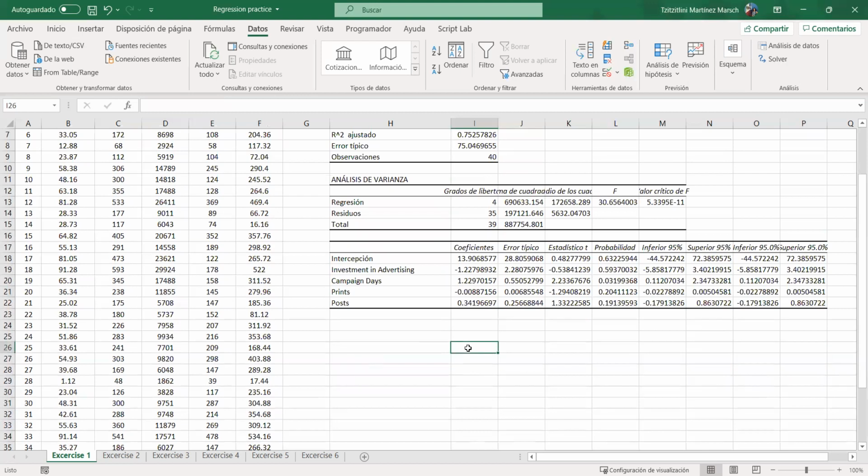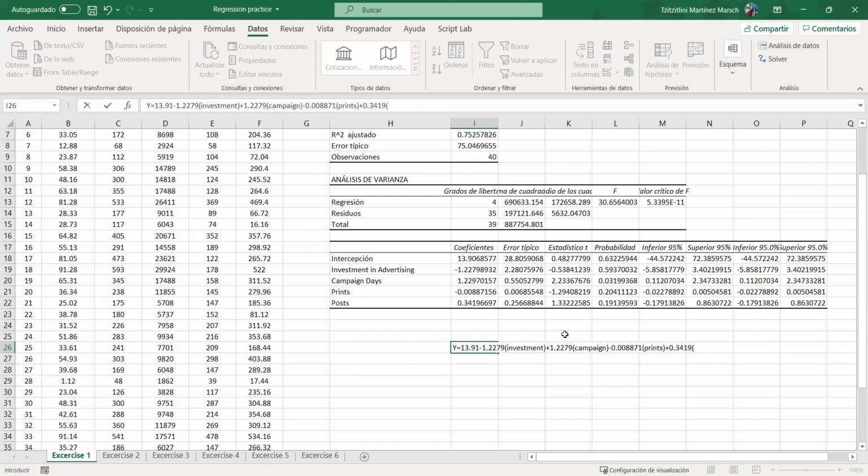So our equation would be y is equal to this particular number, which is 13.9091, and this is supposed to be plus, but since we have a negative, we'll go negative 1.2279 times investment, plus 1.2279 times campaign days, plus, and it's negative, so it's minus 0.008871 times prints, plus 0.3419 times posts.